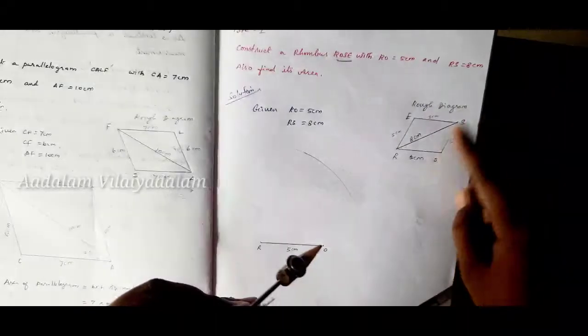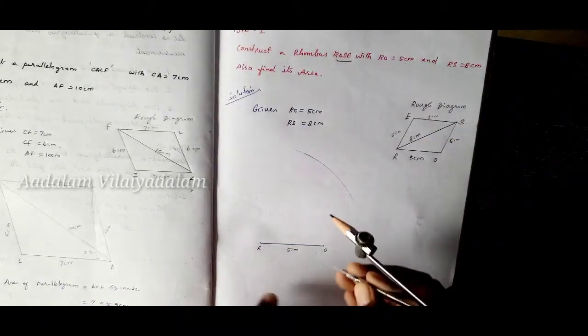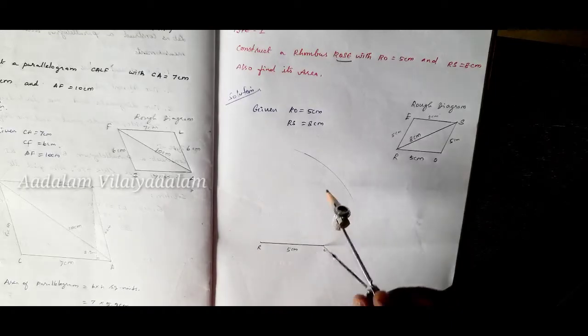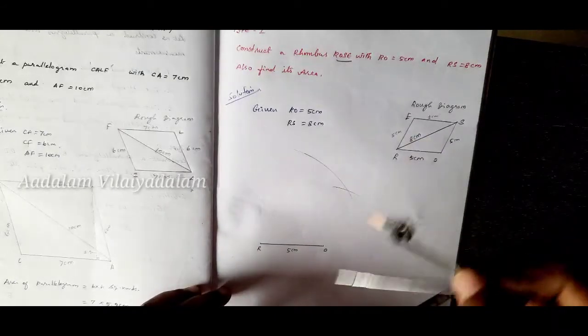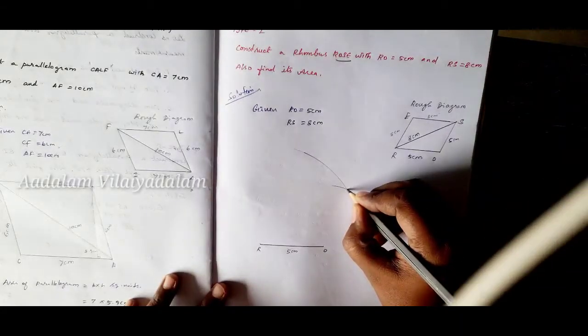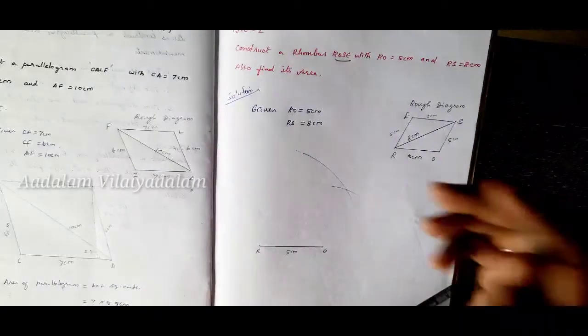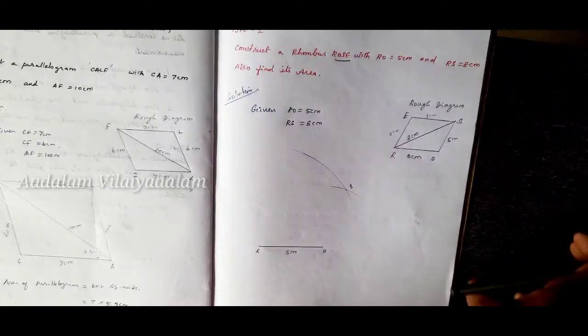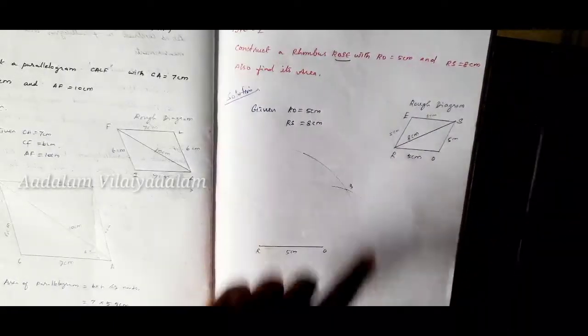Now to draw the OS, keep the tip of the compass at O and draw the arc. Intersection of those two arcs will be called S. Now join OS.